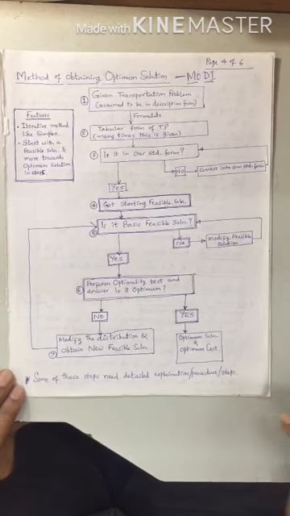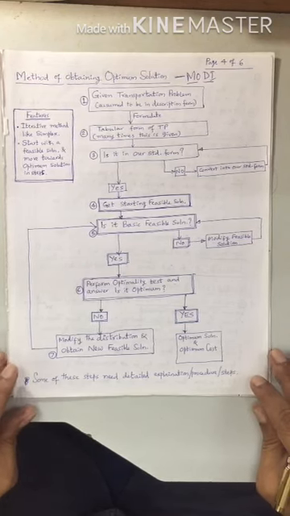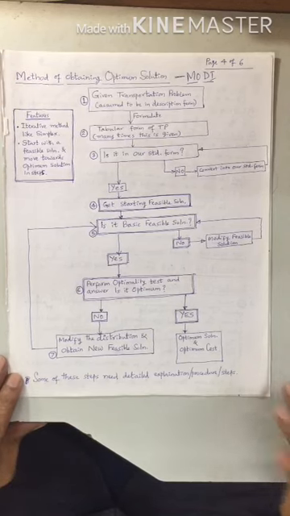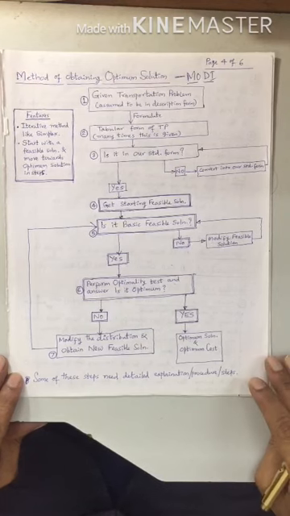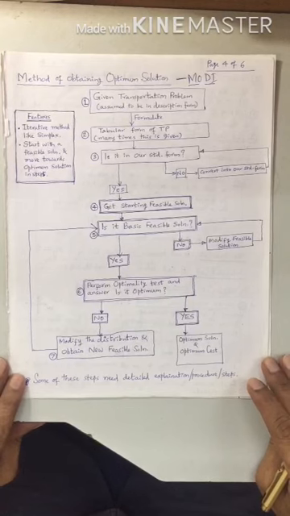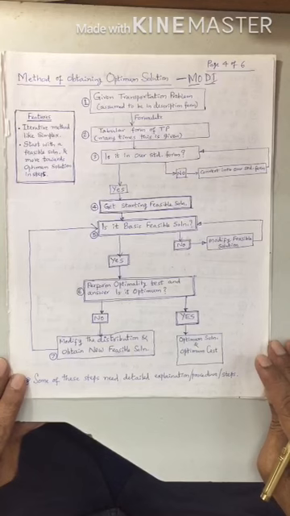If it is optimum, that is the end of it. If it is not optimum, then the present feasible solution is modified and a new feasible solution is obtained. Definitely that will be better than the previous solution. And like this, iteratively, we reach the optimum solution.